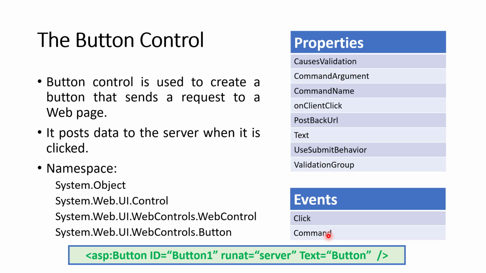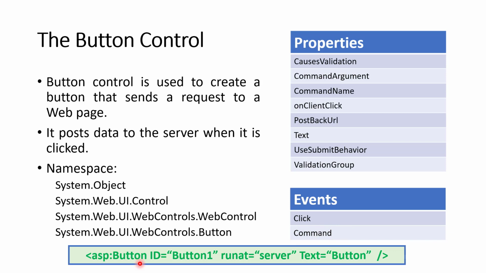This event helps you to create multiple button controls on a web page, and then programmatically determine which button control has been clicked. It means this Command event helps us when we have multiple buttons on our web page.